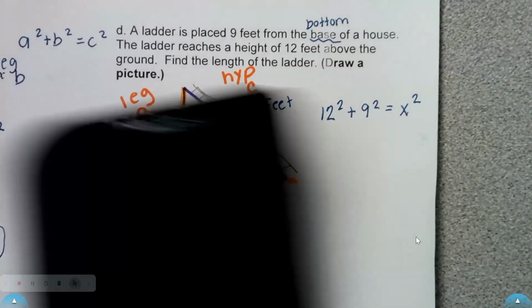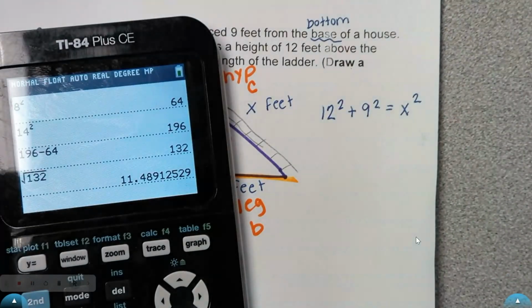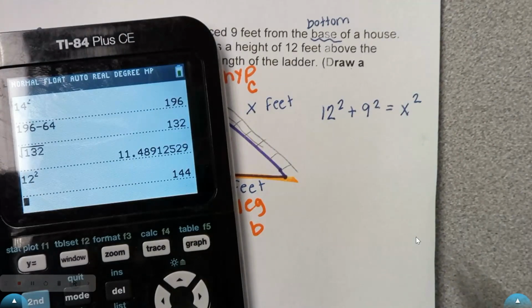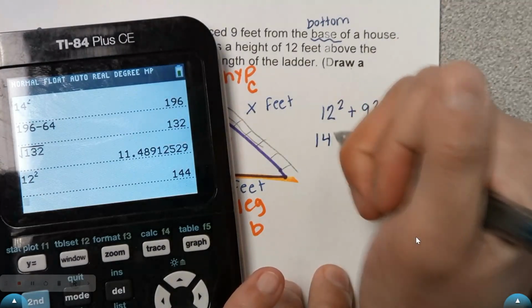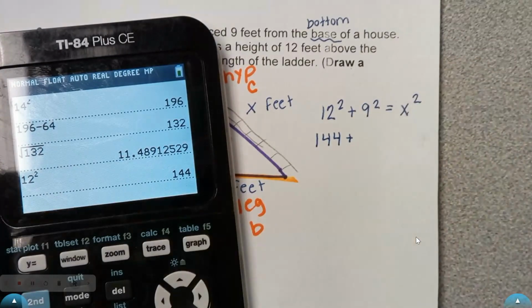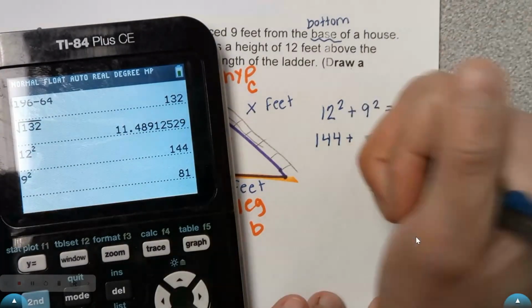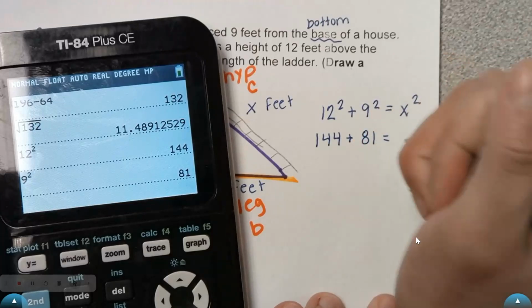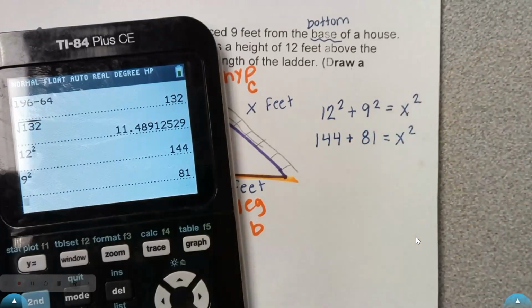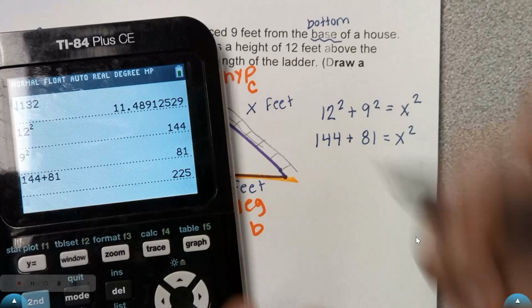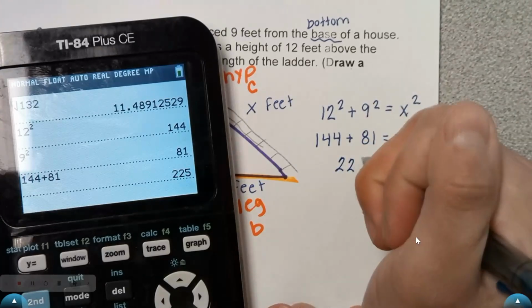All right, in my calculator, I'm going to type in those values. So 12 squared is 144. 9 squared is 81. And then I have the x squared. So 144 plus 81 is 225.